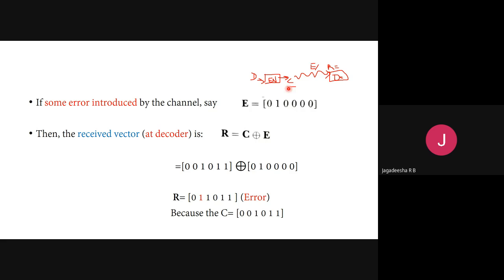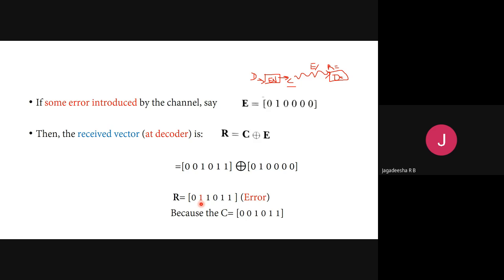If the error was 0, then we would have got R equal to C. But there was some error we assumed the channel has added. As a result, R is equal to C plus E. It is not the same as the code word, right? That means there is some error.